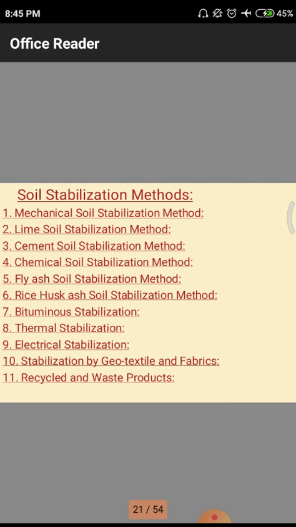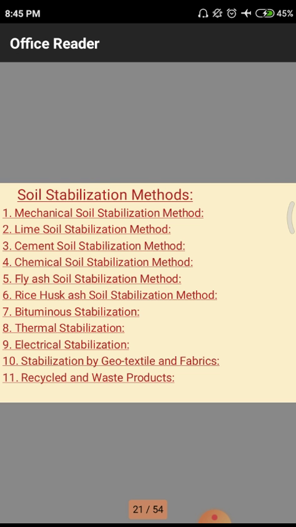Next one, bitumen stabilization. This bitumen stabilization is normally used for flexible pavements. Why? Because a flexible pavement has bitumen utilization on the top layer, so it will give more bonding tendency to the layers. Next one, thermal stabilization.